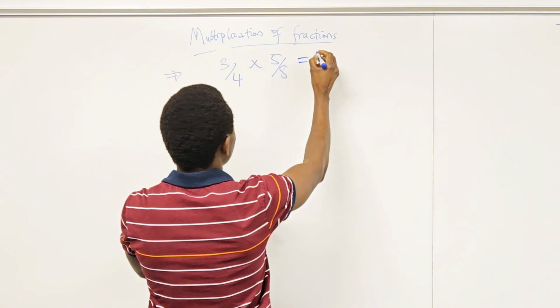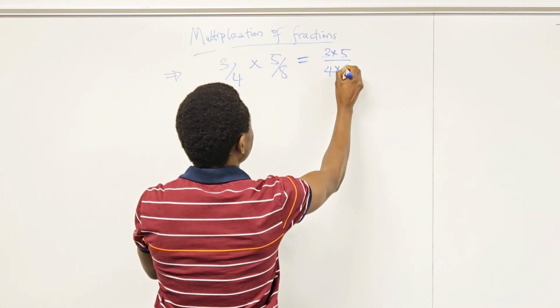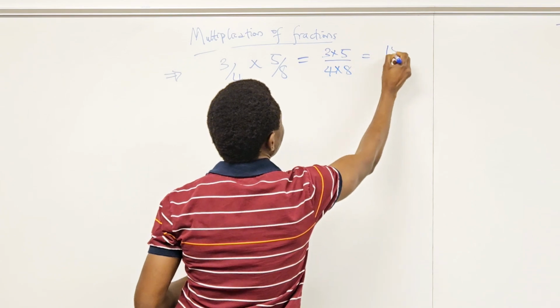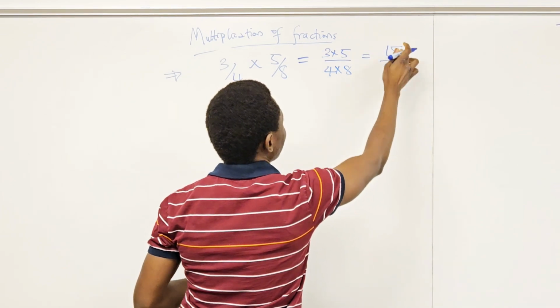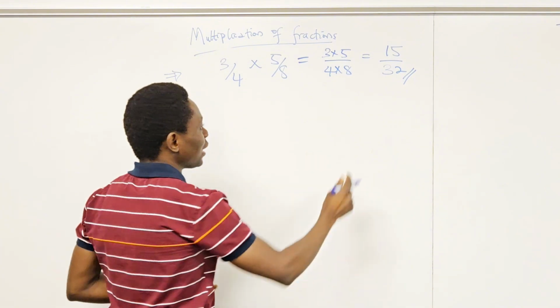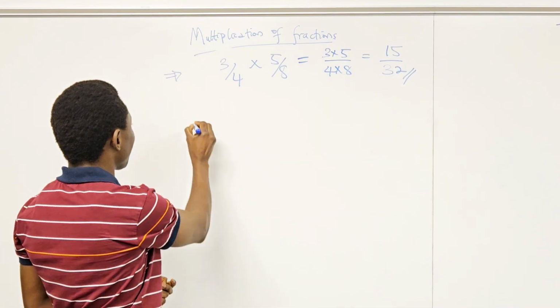So we have 3 times 5 over 4 times 8. So 3 times 5 gives you 15, 4 times 8 gives you 32. So this fraction cannot be broken down further, and we'll just leave it like that, and that's the final answer.